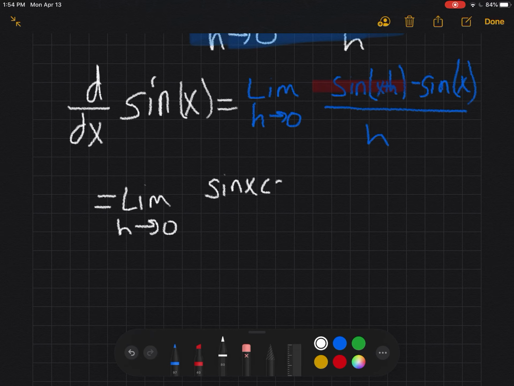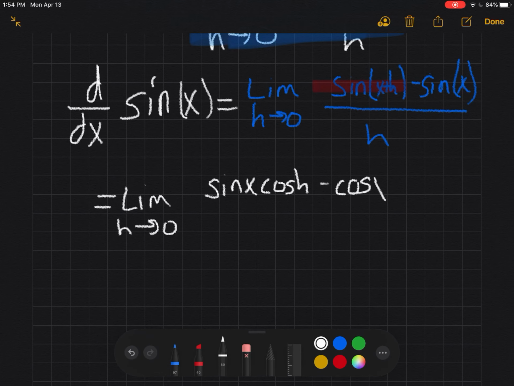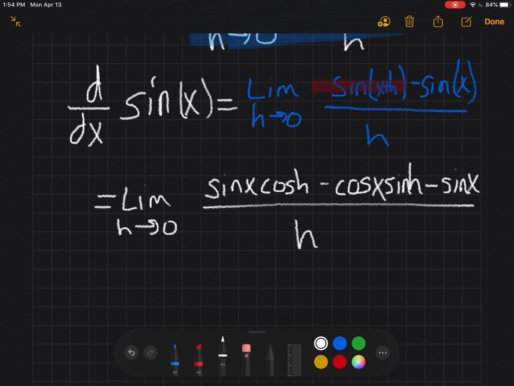Okay, so now we have that the derivative of the sine of x is equal to the limit as h approaches 0. I'm replacing the sine of x plus h with sine x cosine h minus cosine x sine h, minus sine x, all divided by h.